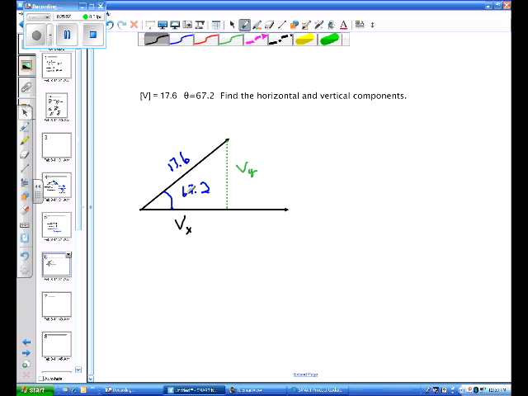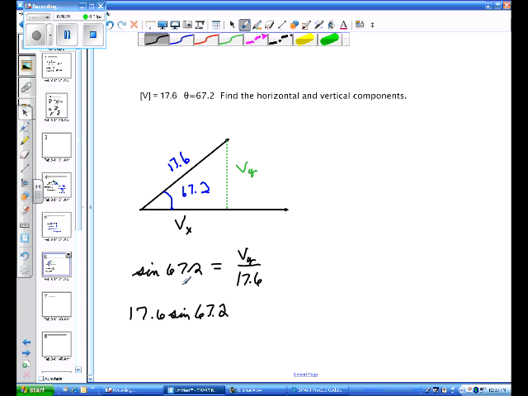Well, all that we're actually doing, we have an angle. We're wanting the opposite over the hypotenuse. So we would use the sine of 67.2 is equal to v sub y over 17.6. So 17.6 times the sine of 67.2.